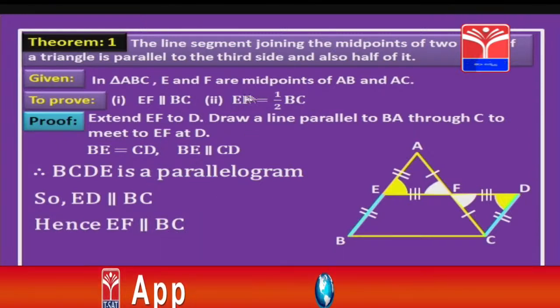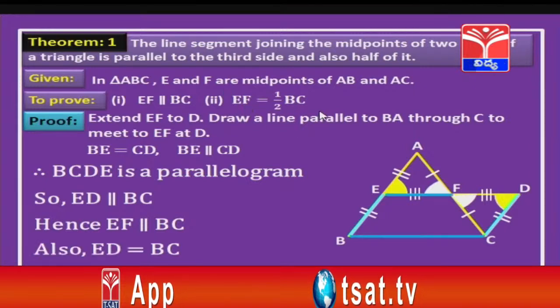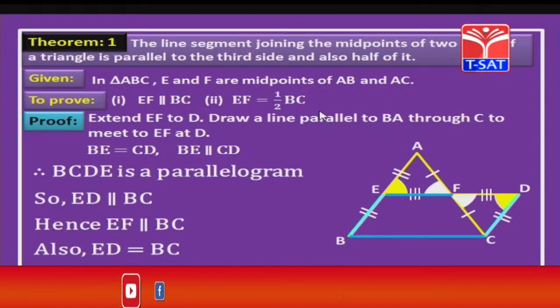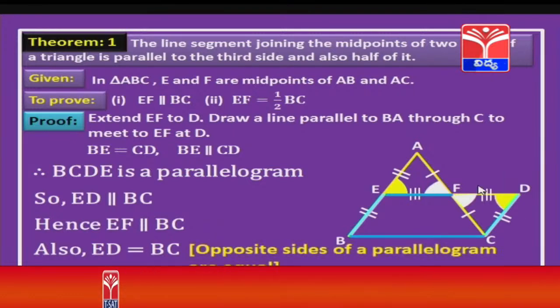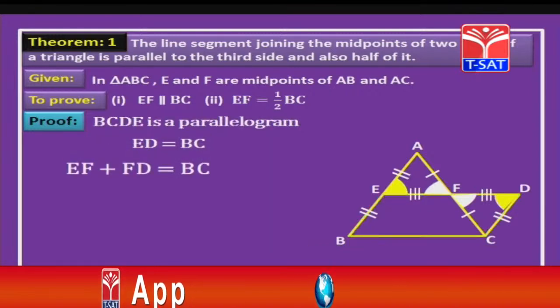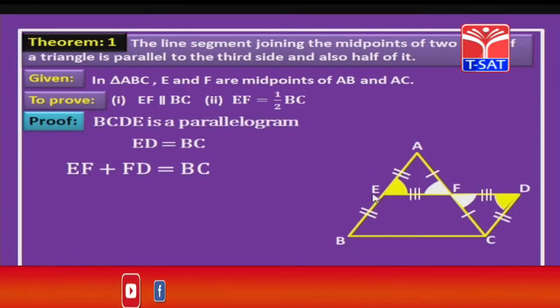Now, we have to prove the second part, that is EF is half of BC. So, for that we will consider ED equal to BC. So, where is ED, children? This one, ED and BC. Now, why are these two equal? Because they are opposite sides of a parallelogram. Now, ED is nothing but this total distance, which is equal to EF plus FD.